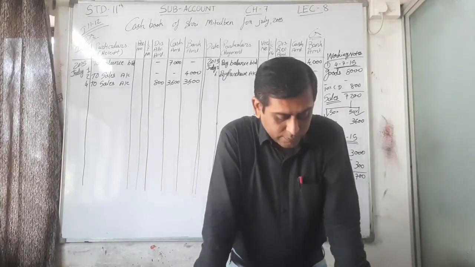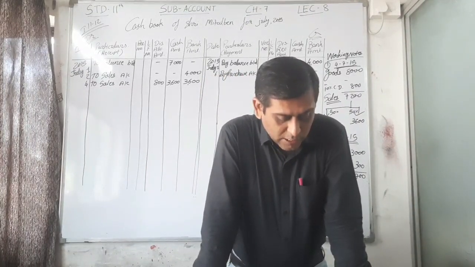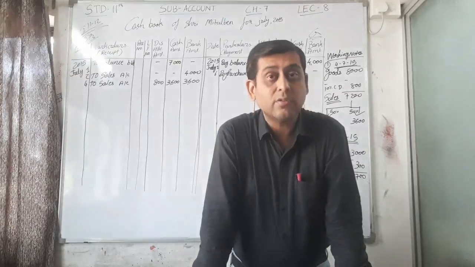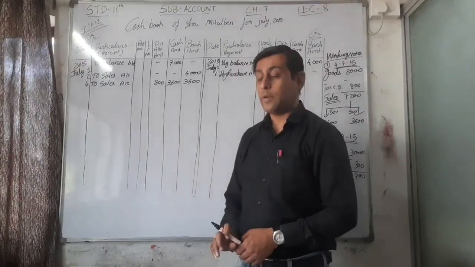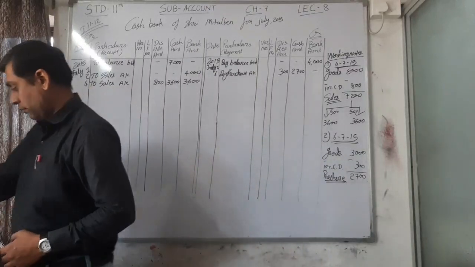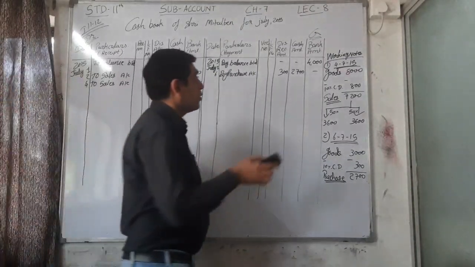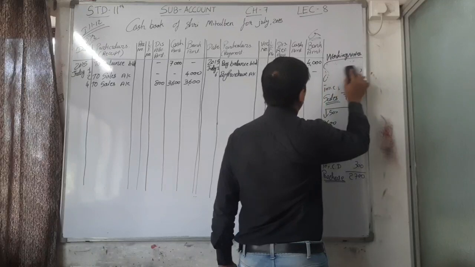Now seventh one, rupees 1000 deposited in the bank. Again the contra entry. Please write down the working note for the contra entry.